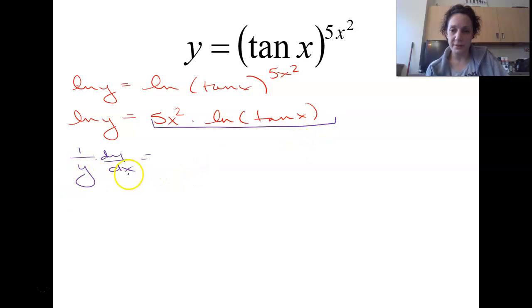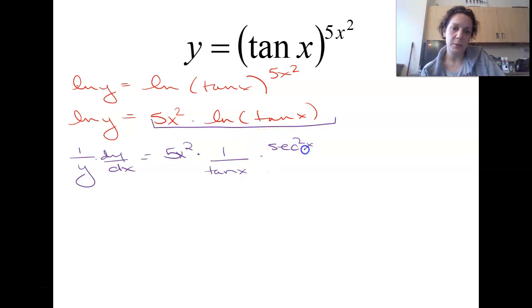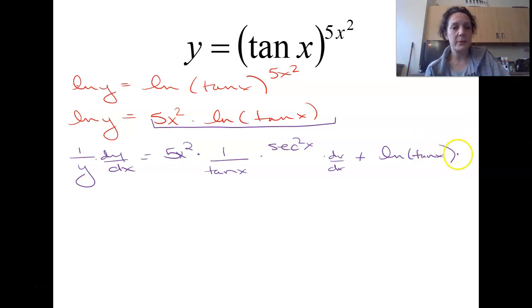All right, let's do a product. So I have 5x squared. The derivative of the natural log of tangent x would be 1 over tangent x. Derivative of tangent, which is our friend secant squared, dx dx. Plus the natural log of tangent x times the derivative of 5x squared, which is 10x dx dx.